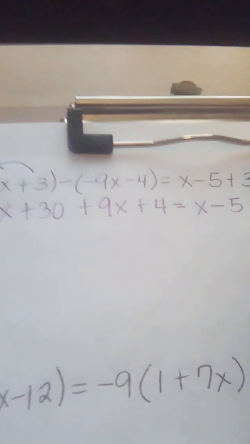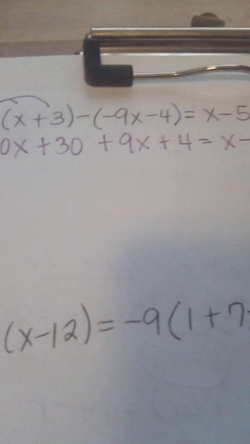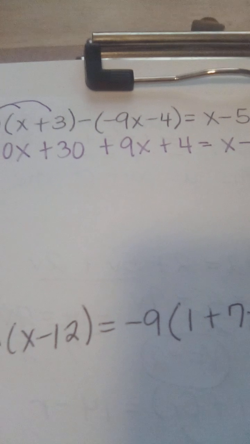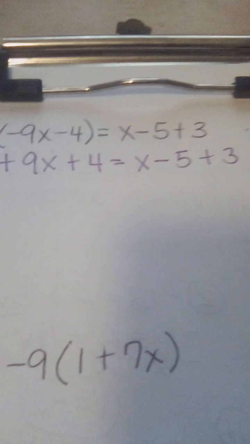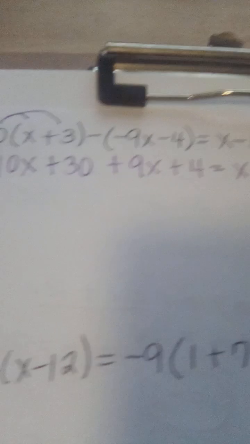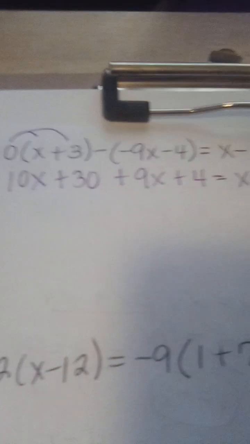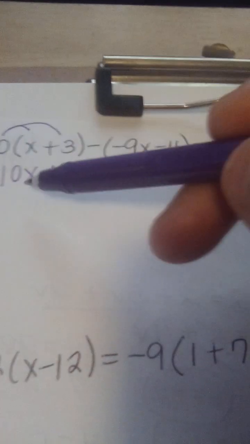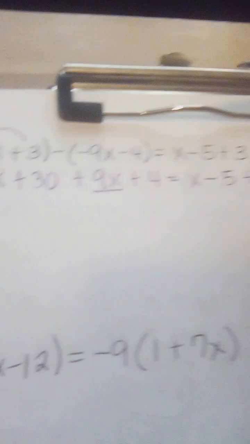Bring down everything. You should have 10x plus 30 plus 9x plus 4 on the left side, equals x minus 5 plus 3. Okay, are we done yet? No. Let's combine like terms on the left side. We have 10x plus 9x, that gives us 19x.